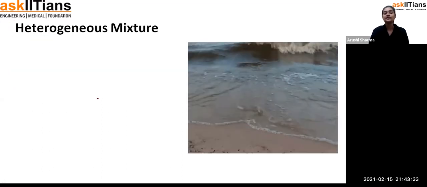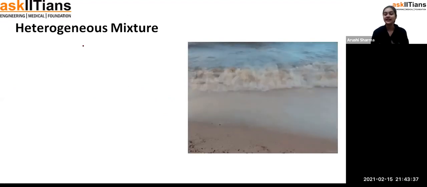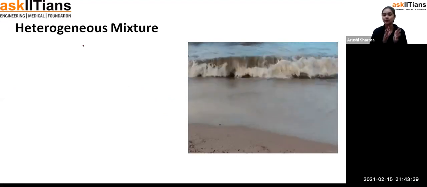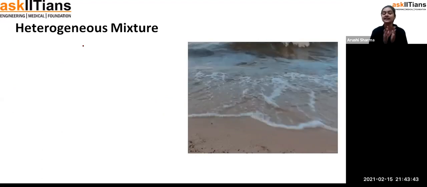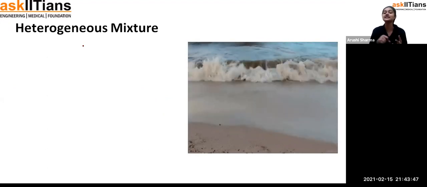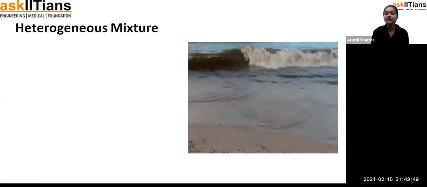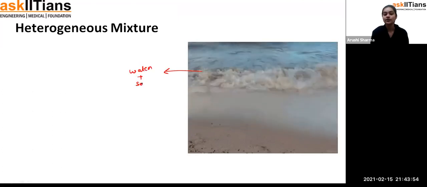Now if we talk about the heterogeneous mixture, heterogeneous mixtures, students, are just the vice versa of homogeneous. In the homogeneous, after mixing we do not get an idea of where the salt has gone, because it is completely soluble. But as you can see in this picture, it is water plus sand.